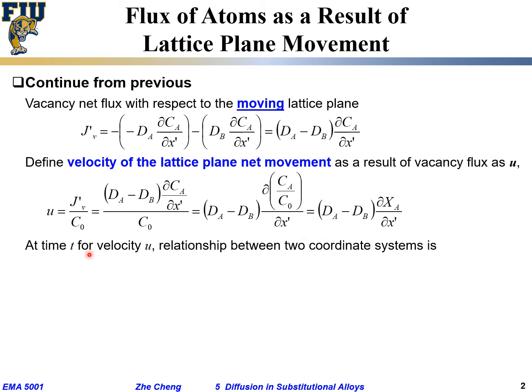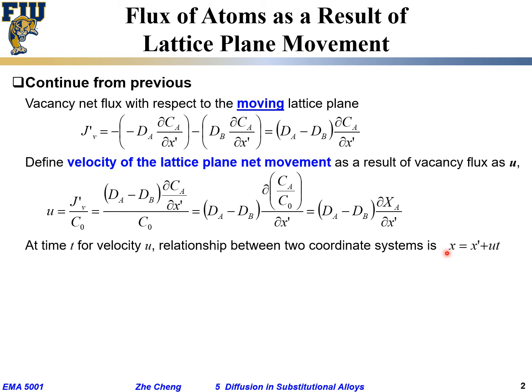And then at time t for velocity u, your bus is moving, remember? Your moving lattice may be moving. The relationship between the two coordinate systems: one is your external fixed coordinate system, which we call x. The other one is within your bus.